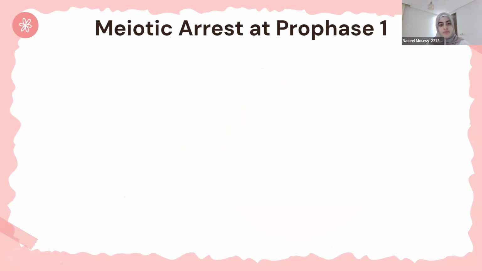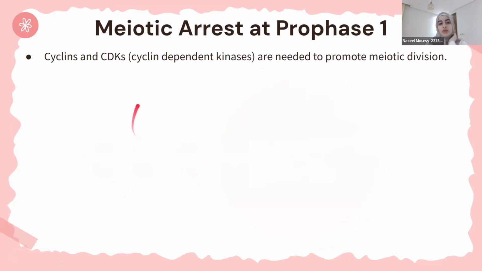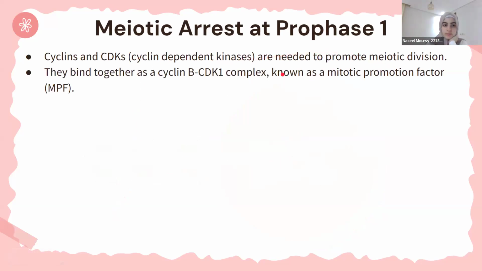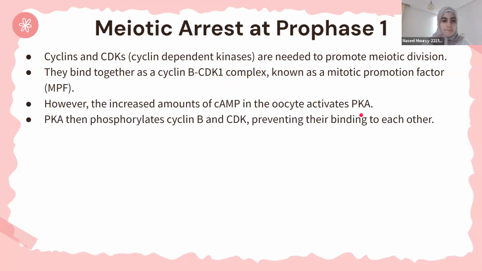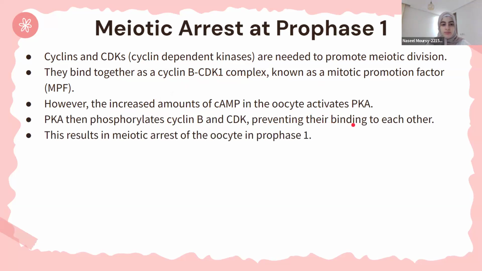All right? Now, cyclins and cyclin-dependent kinases are needed to promote meiosis. They bind together as a cyclin B CDK1 complex. No need to remember B and 1. All right? They're known as mitotic promotion factor. However, the increased amounts of cyclic AMP in the oocytes activates PKA. Then PKA phosphorylates cyclin B and CDK, preventing their binding to each other.